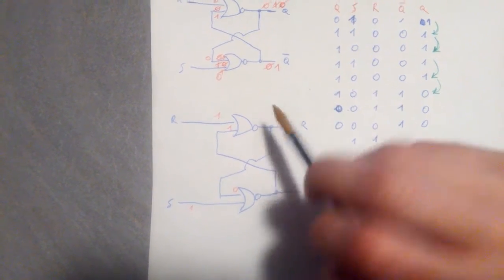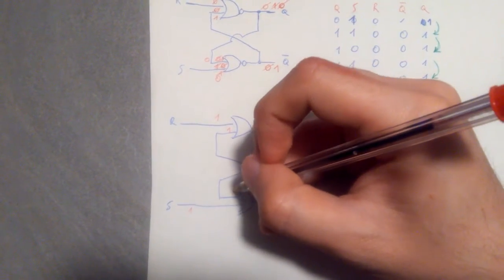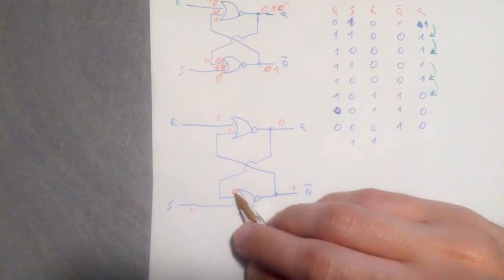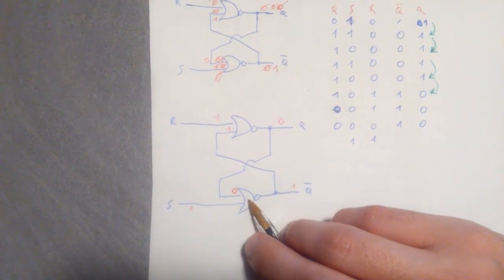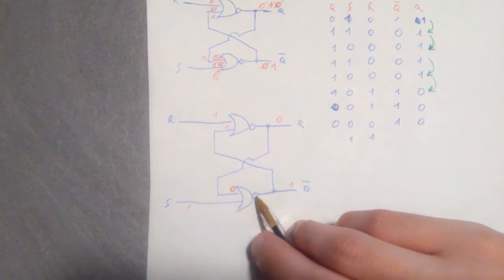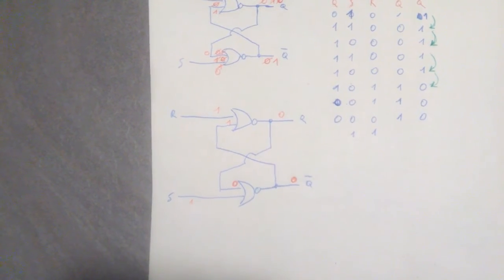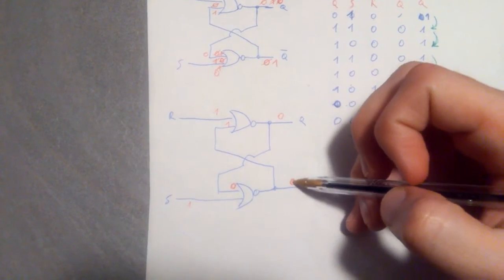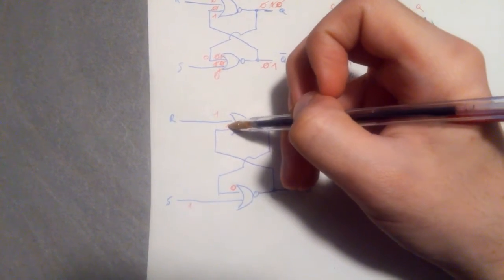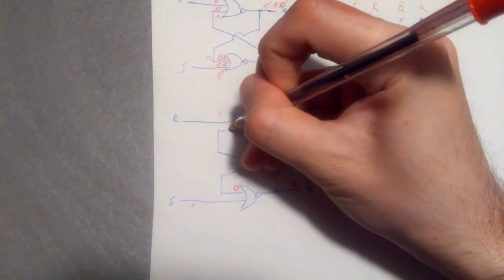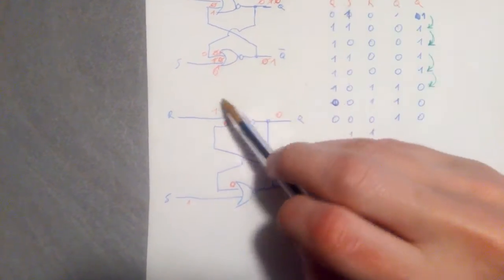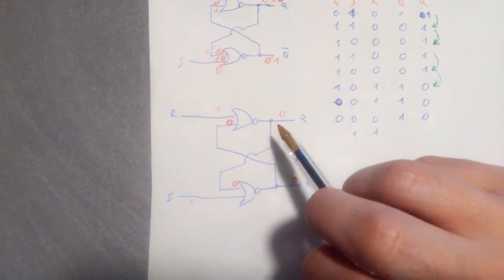It's going to go to 0, and this 0 here is just going to go here. So 0, 1, the output is 1 NOR naught, so it goes to 0 here, and this 0 here goes to here, so we get 1, 0, and we get a stable state again.